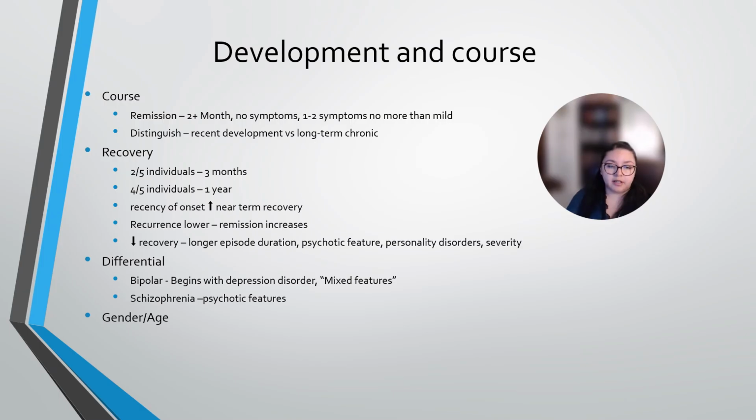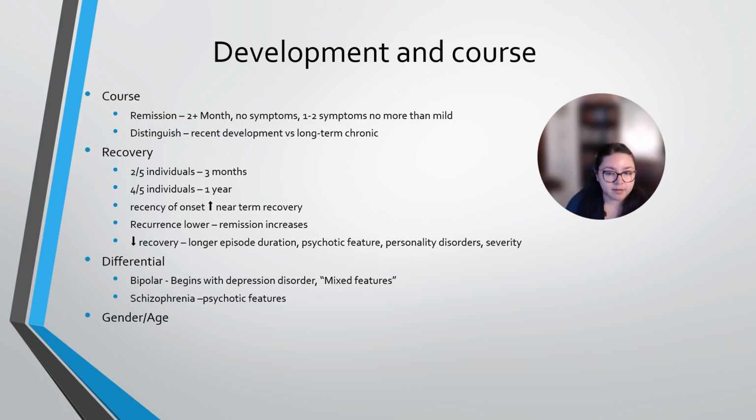Earlier, so for age and onset, we have onset at any age, but there's an increase in puberty, and the peak is around the 20s for the United States. Onset in late life is not uncommon though. So we have really no major differences with gender and phenomenology, course, treatment, or treatment response.